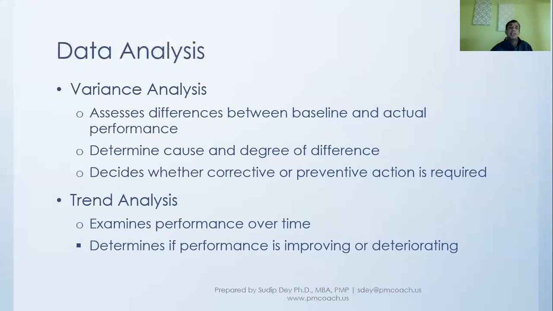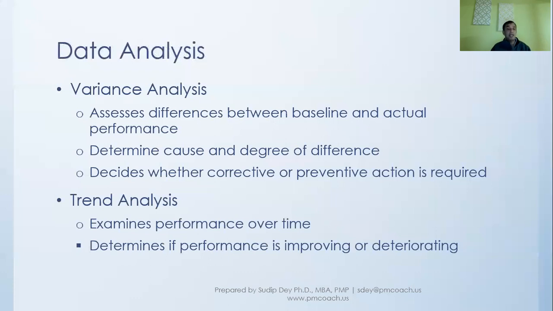The other kind of data analysis is trend analysis. Basically, it examines performance over time. You see over time in the past how things have been moving. For example, have the errors kept on increasing? Have the errors kept on decreasing? If they have kept on increasing, then we have to find out what is giving us this trend.